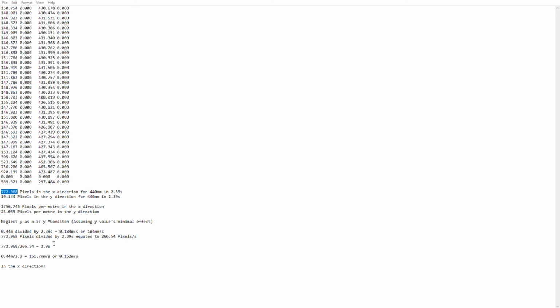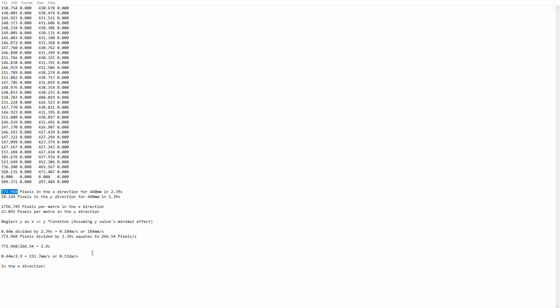In fact, if we were to calculate that error, we came to the conclusion that according to the machine vision, it took 2.9 seconds to travel a distance of 440 millimeters, so it was traveling at a different velocity to the theoretical velocity, and this experimental value has turned out to be 151.7 millimeters per second.